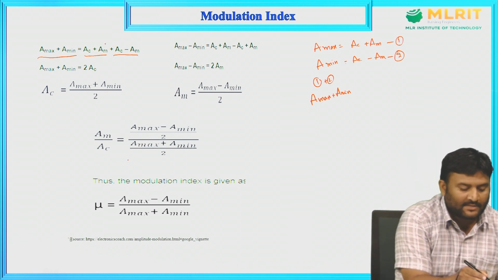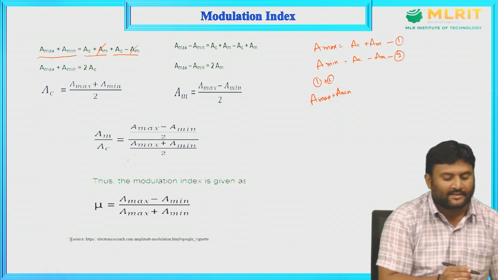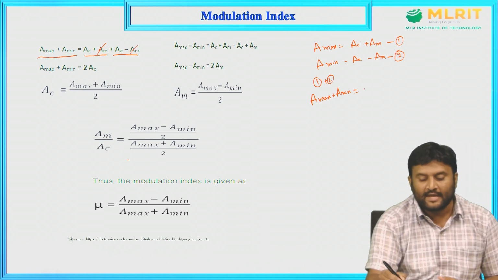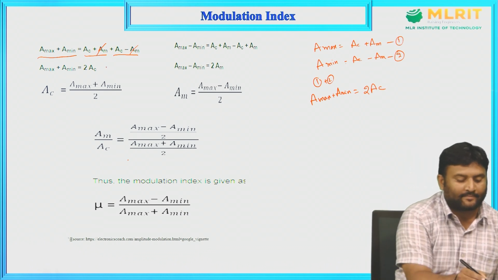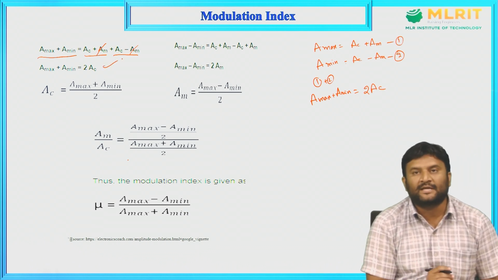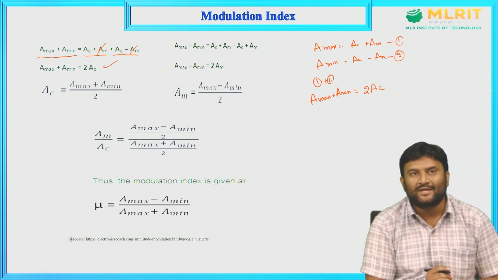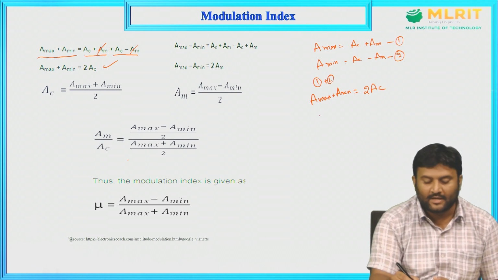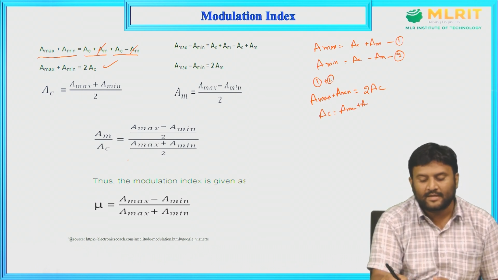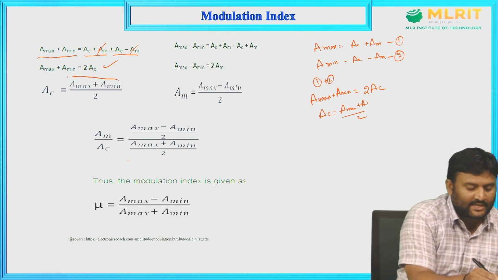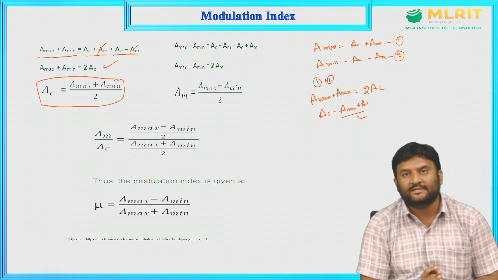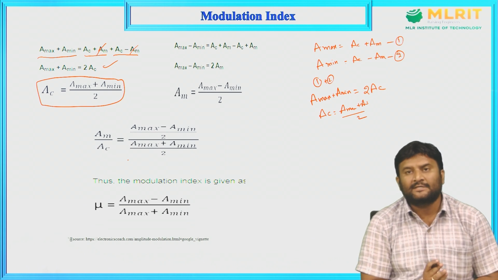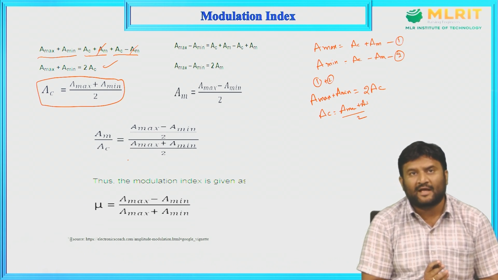Therefore, plus AM and minus AM get cancelled. What is this? A maximum plus A minimum is equal to 2 into AC. From this equation, AC is equal to A maximum plus A minimum by 2. This is the equation I am getting when adding the first and second equations, nothing but A maximum value plus A minimum value.